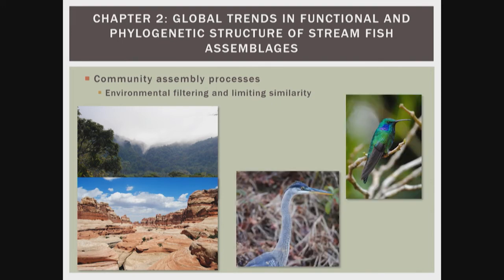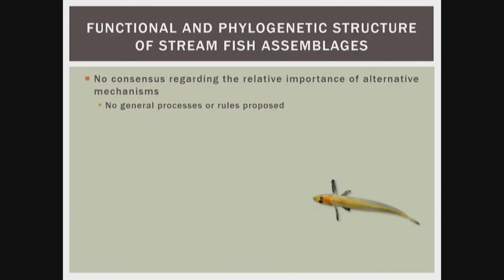And limiting similarity is the idea that species will avoid competition by segregating along a niche axis. So again, that hummingbird and great blue heron, they may live in the same habitat, but they're not competing because they've segregated along a trophic niche or in some other way. When looking at these mechanisms, there's no real consensus regarding which one is more important, and there are no general proposed rules for these processes.